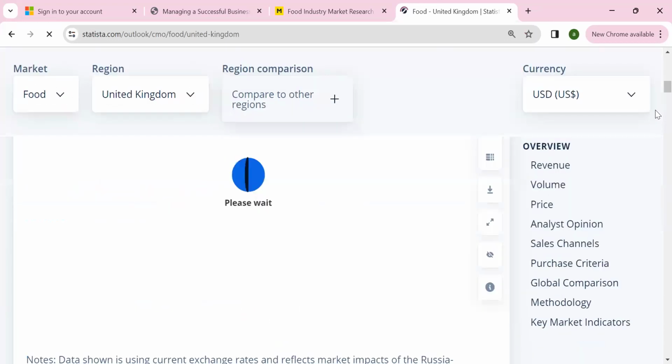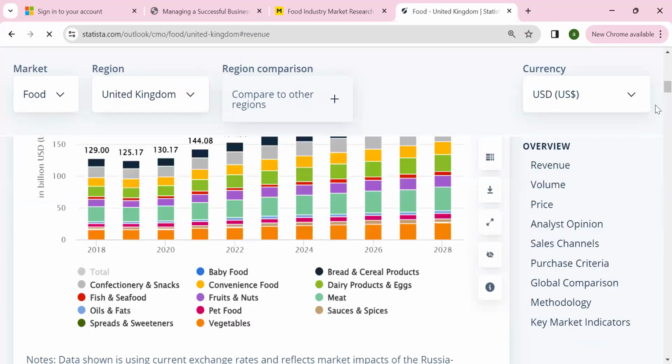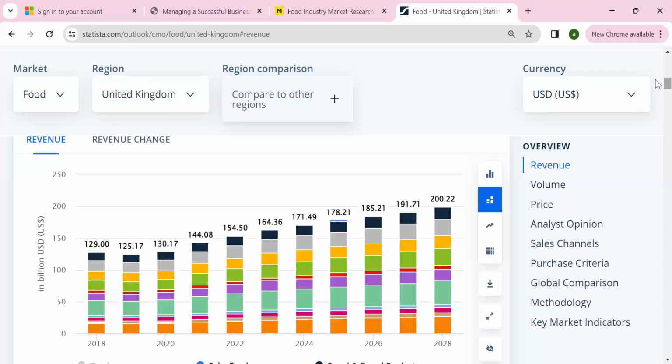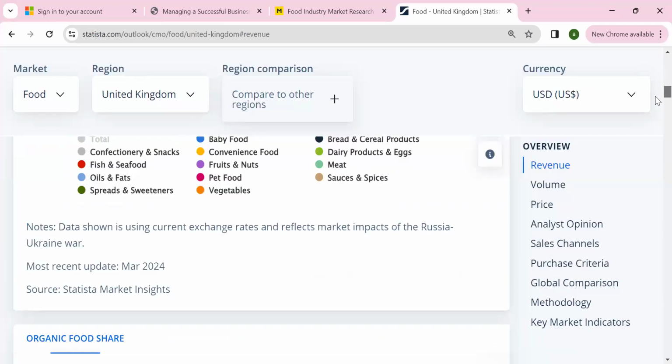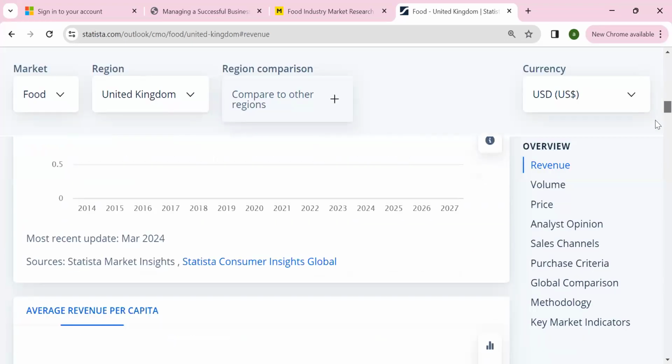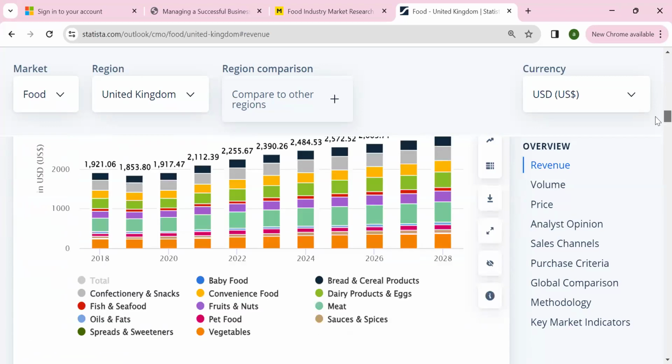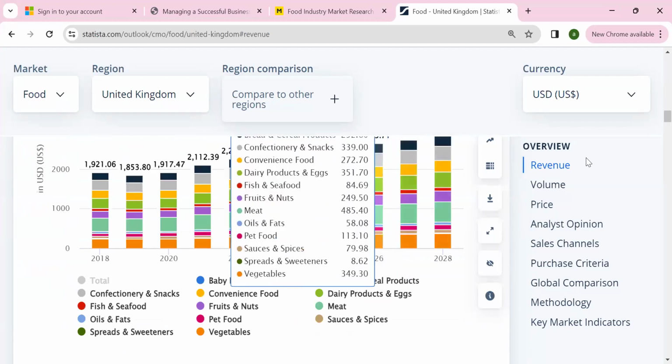I can locate the graphs, how much the food market is worth and growing. That is quite useful data which can be looked at from different perspectives, and the data is already analyzed, so we can present our findings based on it. You can argue from various websites, compare, contrast and evaluate.